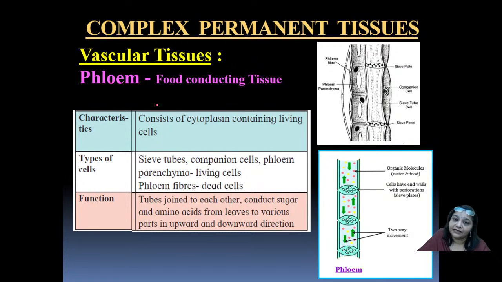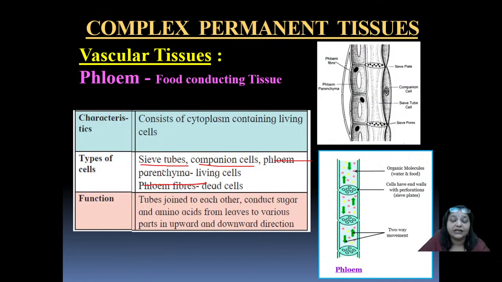If you see, the cells actually contain cytoplasm, and they are all living cells. The phloem is made up of four different types of tissues: the sieve tubes, the companion cells, the phloem parenchyma, and the phloem fibers. Phloem fibers are the sclerenchyma fibers associated with phloem.